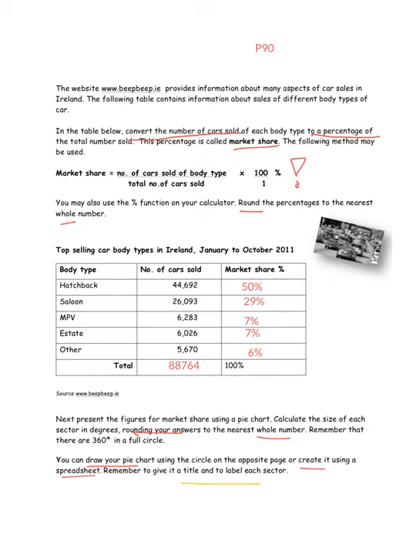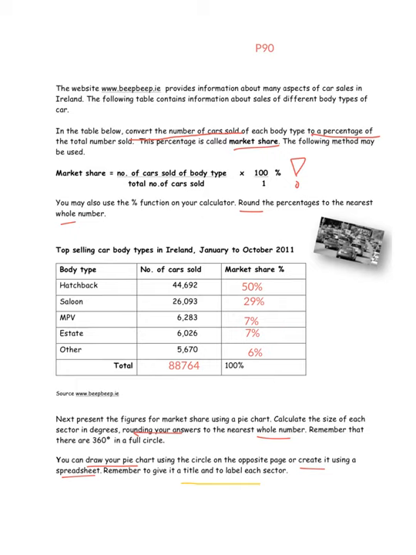The formula will be given to you. How does it work? First of all, we have the number of cars sold. This is for hatchback, saloon, and so on. We need to add them up. We have the total. Now we need to convert it to a percentage. How do you convert it? Number of cars sold, divide by the total and multiply by 100.